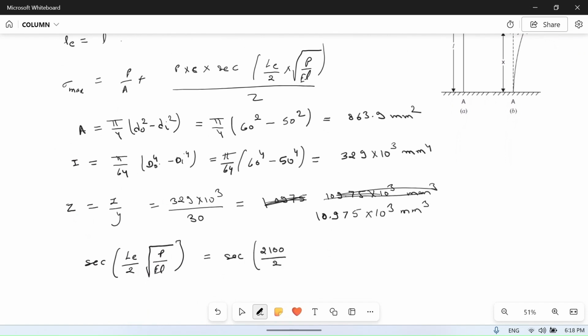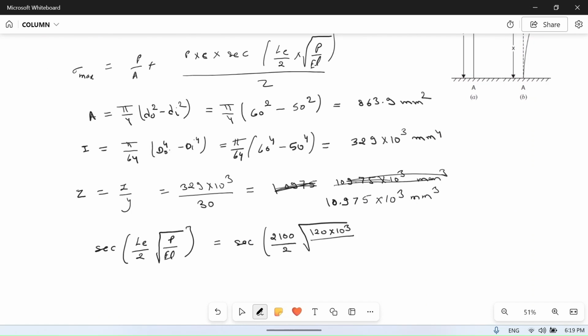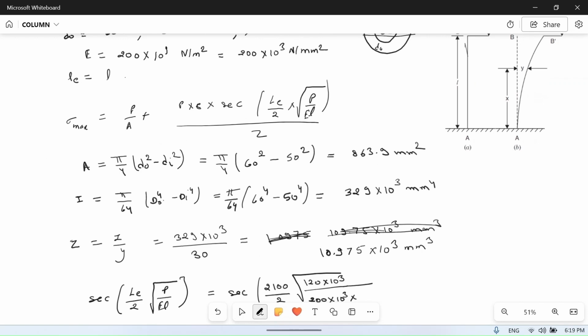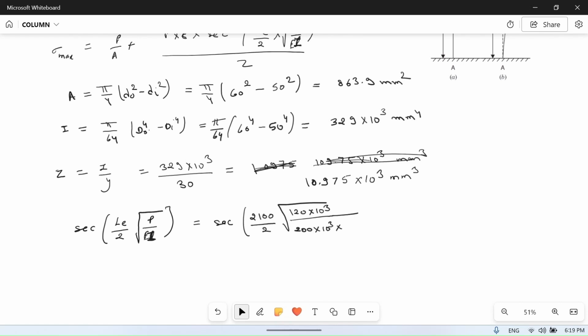So 2100 divided by 2 into root of P, which is 120 into 10 to the power 3 newton, divided by E, the value of E was 200 into 10 to the power 3, into I. Sorry, this was EI, and I was 329 into 10 to the power 3.